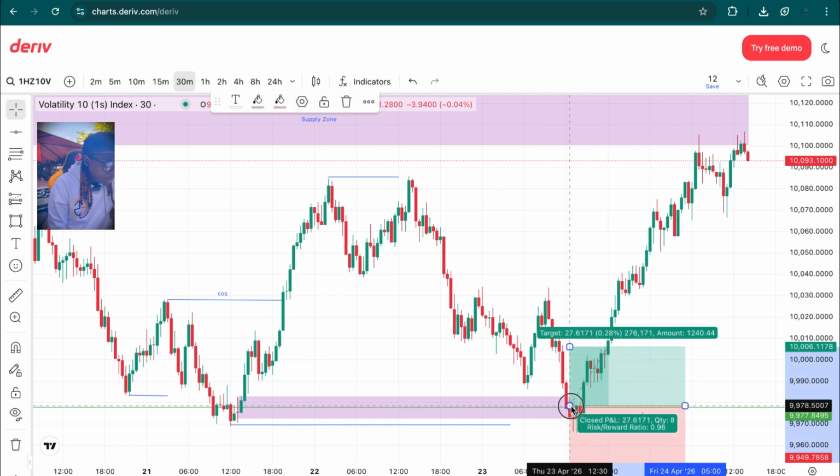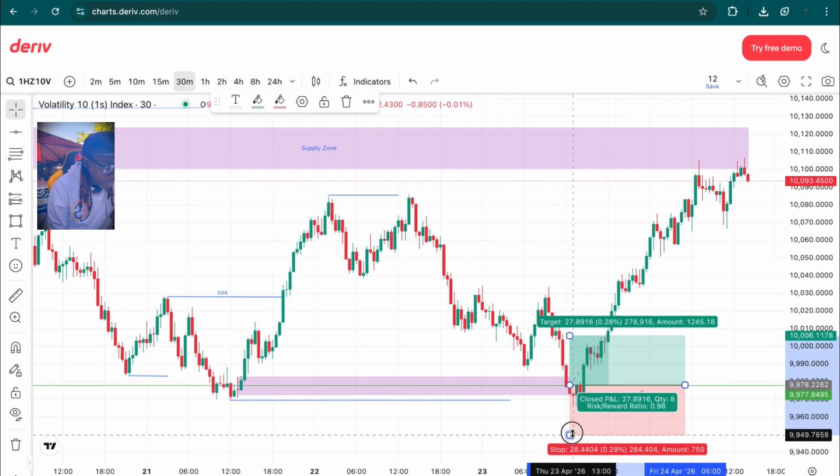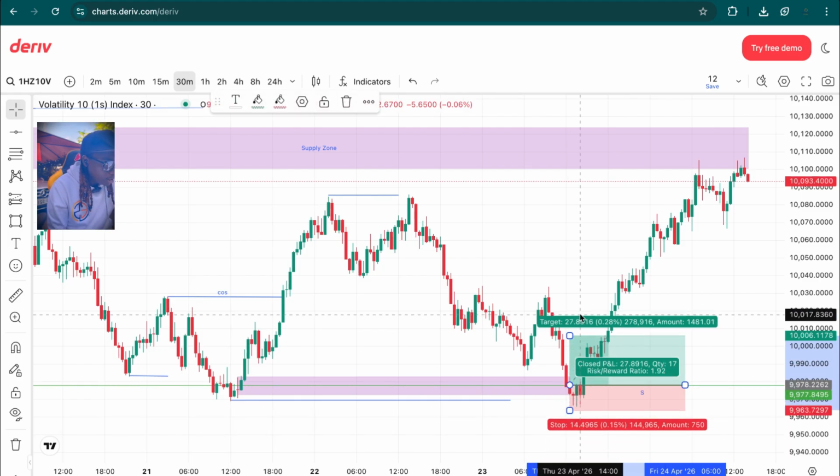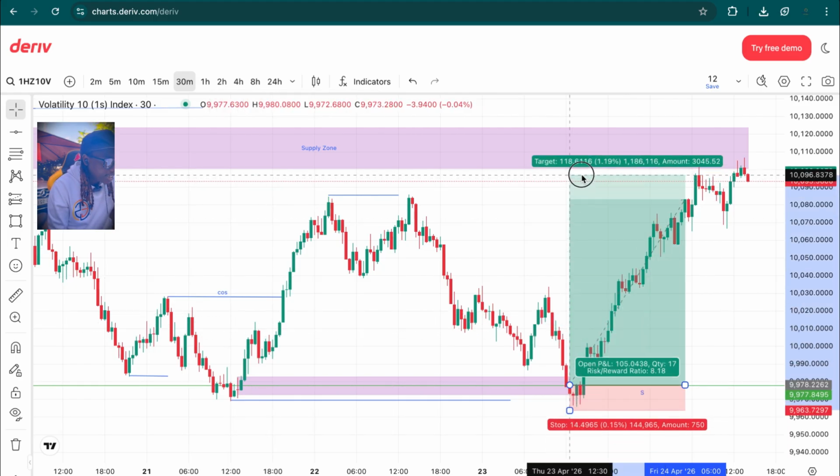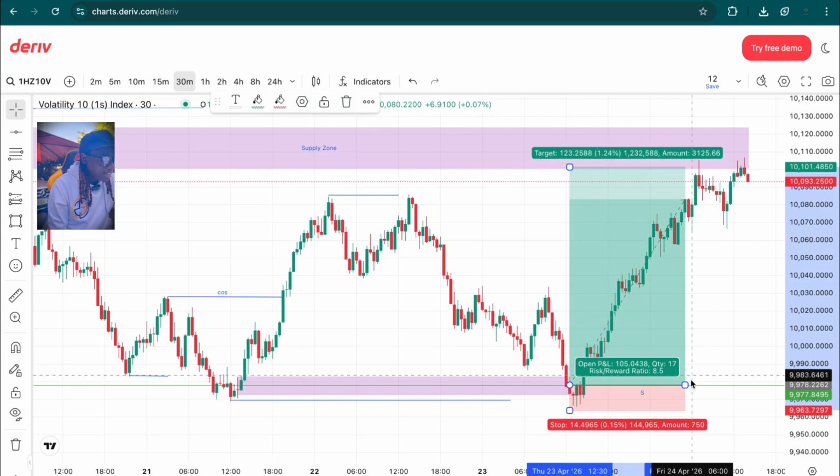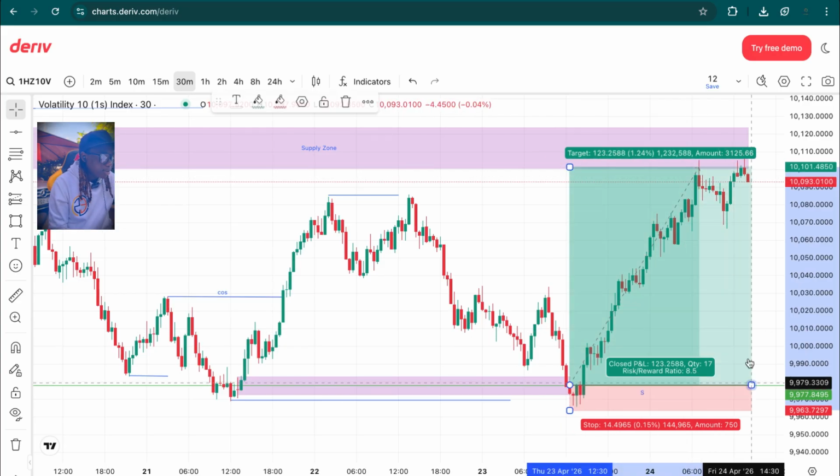That was my entry point exactly there, and I put my stop loss just below the low, and I target the next supply zone as my take profit.